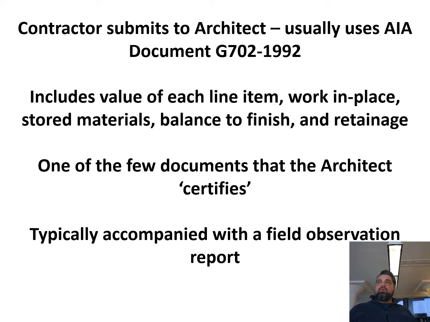And the owner will not pay that last 10% until substantial completion or till that work is complete. And so that's just an added way that the owner can make sure at the end of the job they've still got 10% there that they can use as a hammer to ensure that the general contractor completes their work.